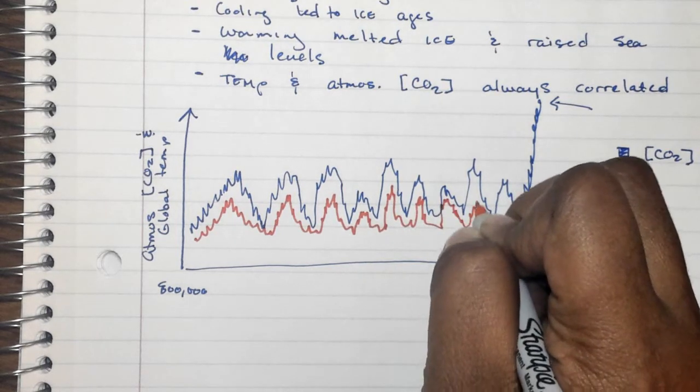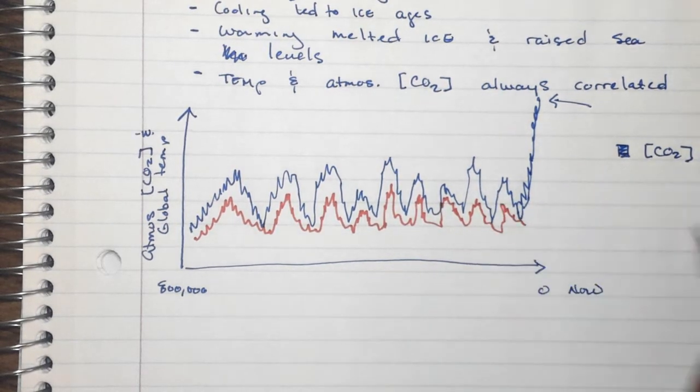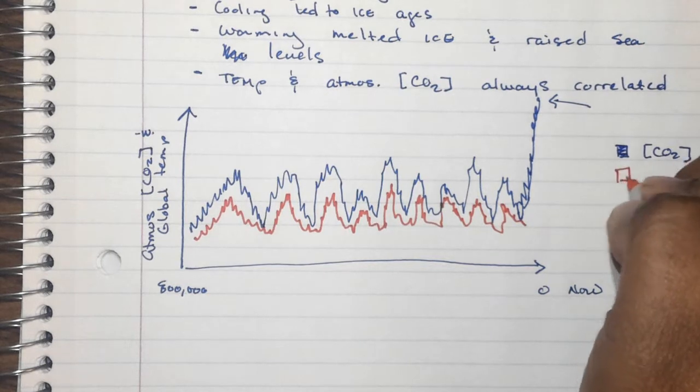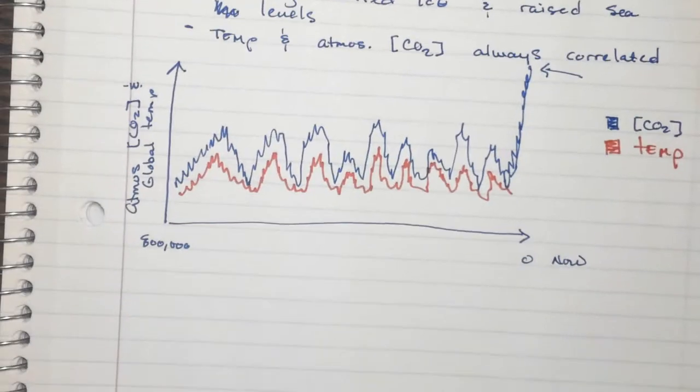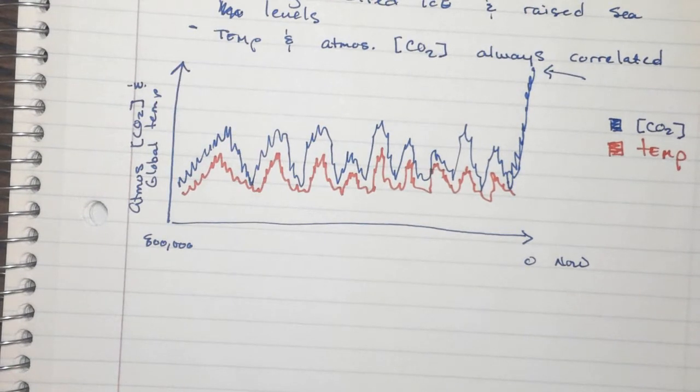Temperature's doing what? It goes right along with concentrations of CO2 in the atmosphere. So the more CO2 in the atmosphere, the higher the temperature goes.